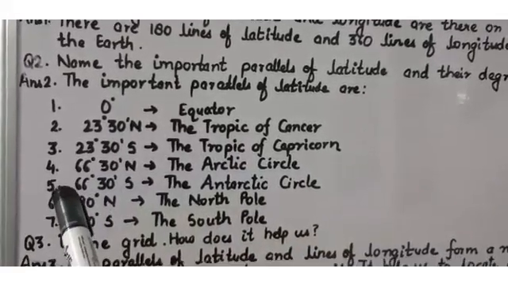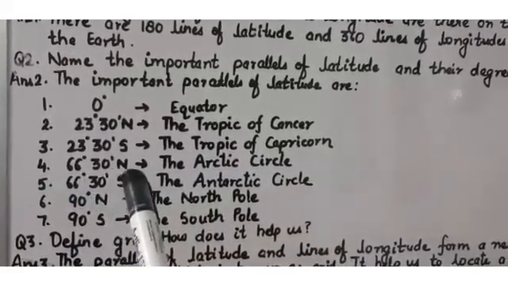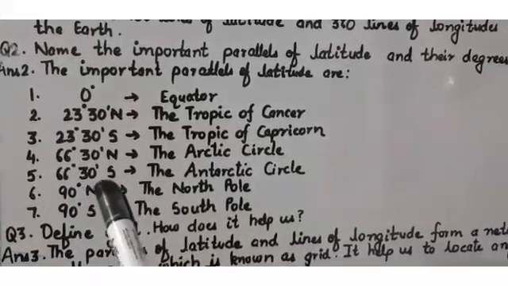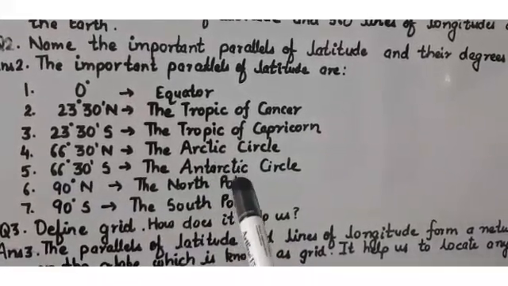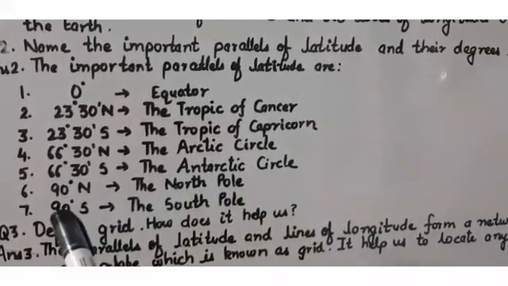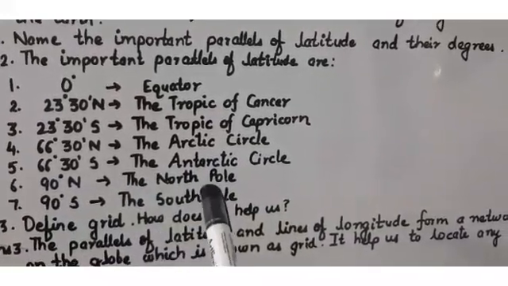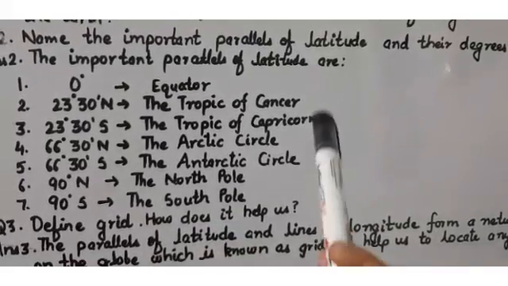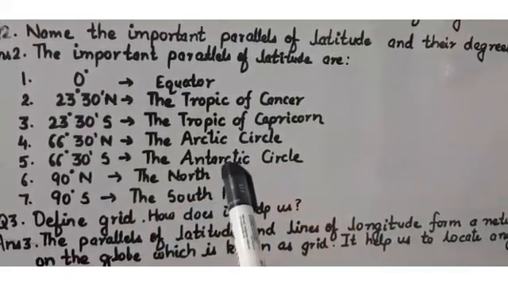Then comes 4th, 66 degree 30-minute north, that is the Arctic Circle. Then 66 degree 30-minute south, that is the Antarctic Circle. Then 90 degree north is the North Pole, and 90 degree south is the South Pole. These are the important parallels of latitude.